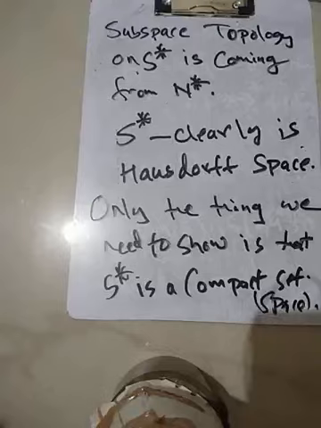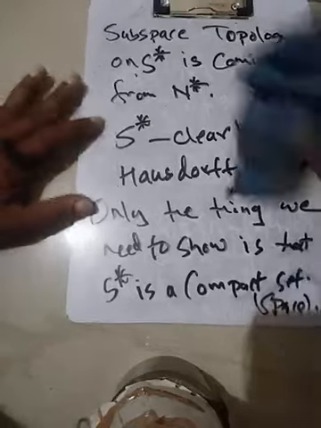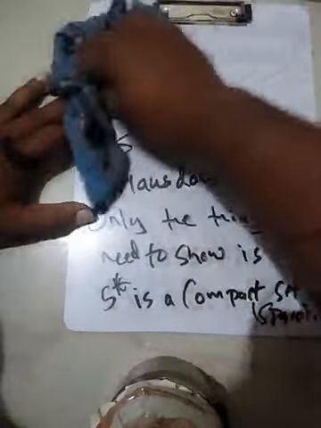Closed subspaces of compact spaces are compact. This is another proposition we have proved, so we'll use that fact also. So we'll try to show that S star is closed in the weak star topology.